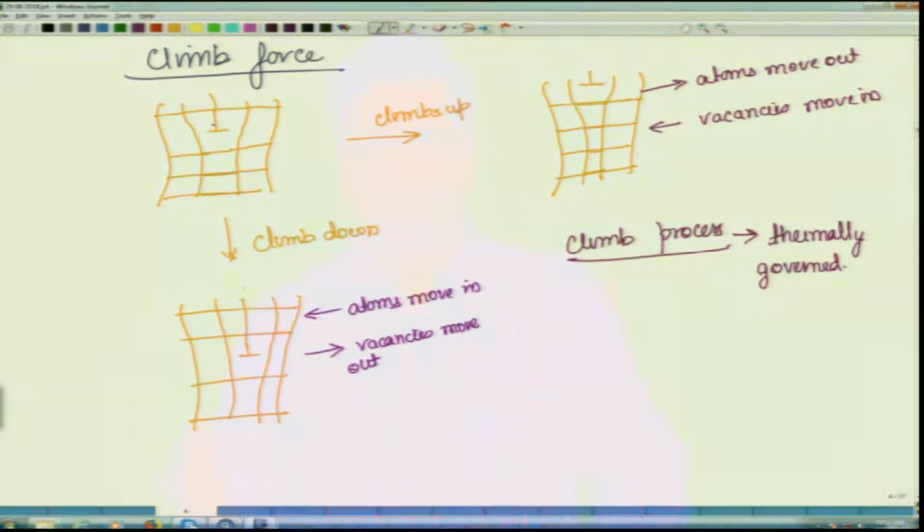If you decrease the temperature, vacancy concentration will decrease, and therefore it will cause dislocation movement in one way or the other. So most of the time this climb process is thermally governed, but there are also certain conservative climb motions.